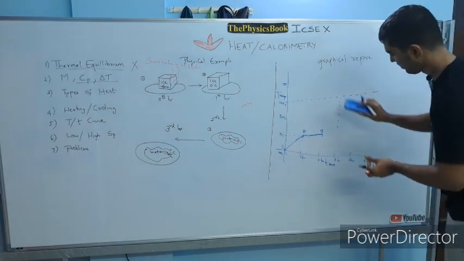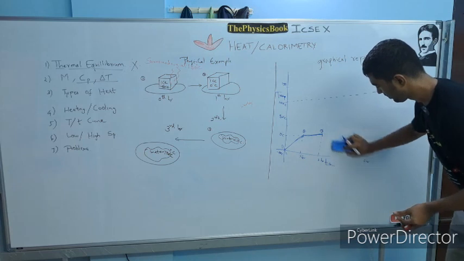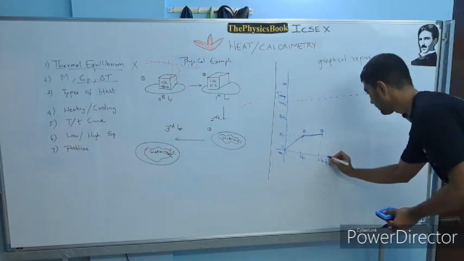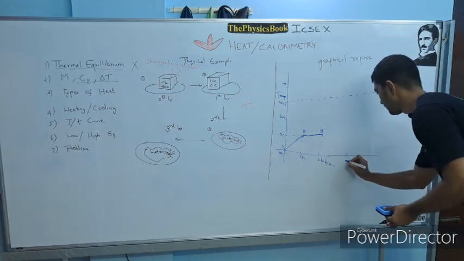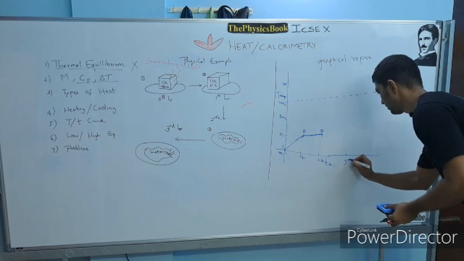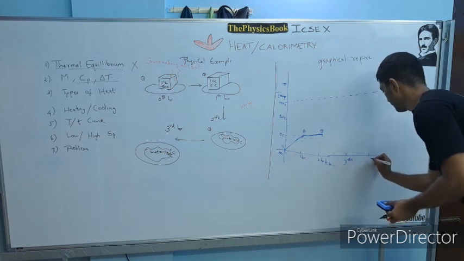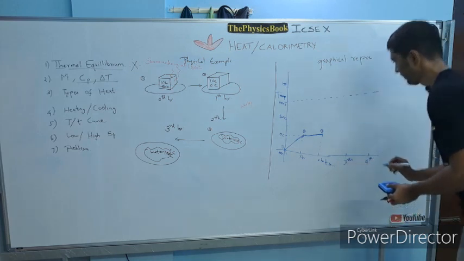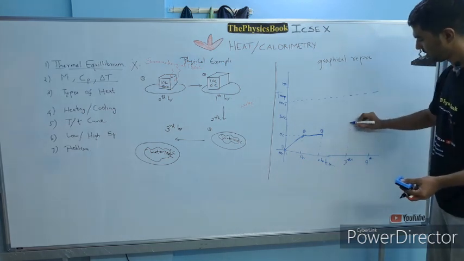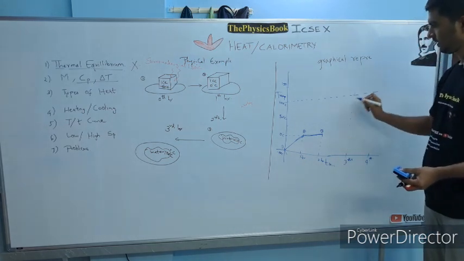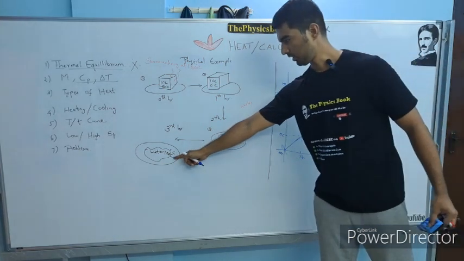Ideally to the scale, this is not correct. Let me recorrect the scale. Third hour, fourth hour. So now let me extrapolate this third hour. 100 degrees Celsius, the water is becoming 100 degrees Celsius now.